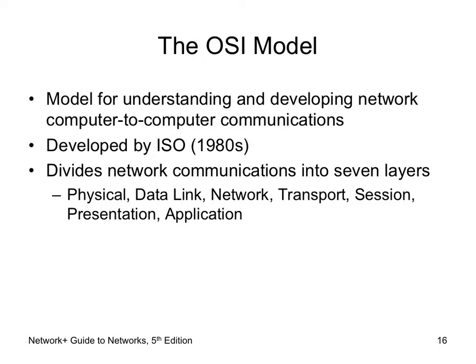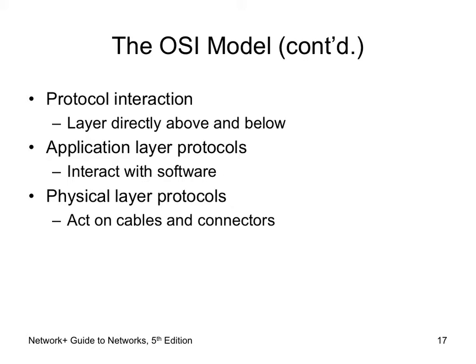The physical layer is your NIC card and the components that comprise it. You could even say the wire going into the NIC card all the way to the switch is part of the physical layer of the OSI. Then the data link, network, transport, session, presentation, application, the rest of them.